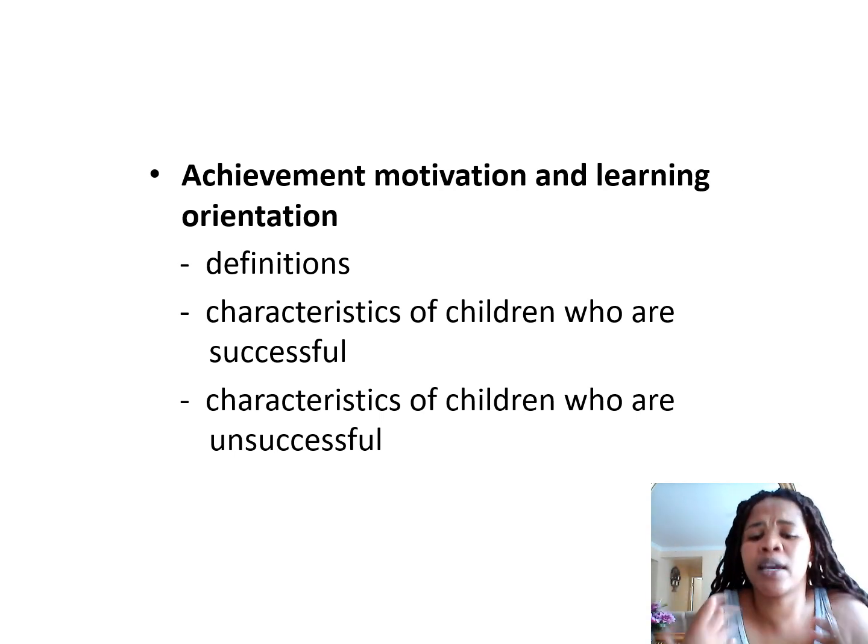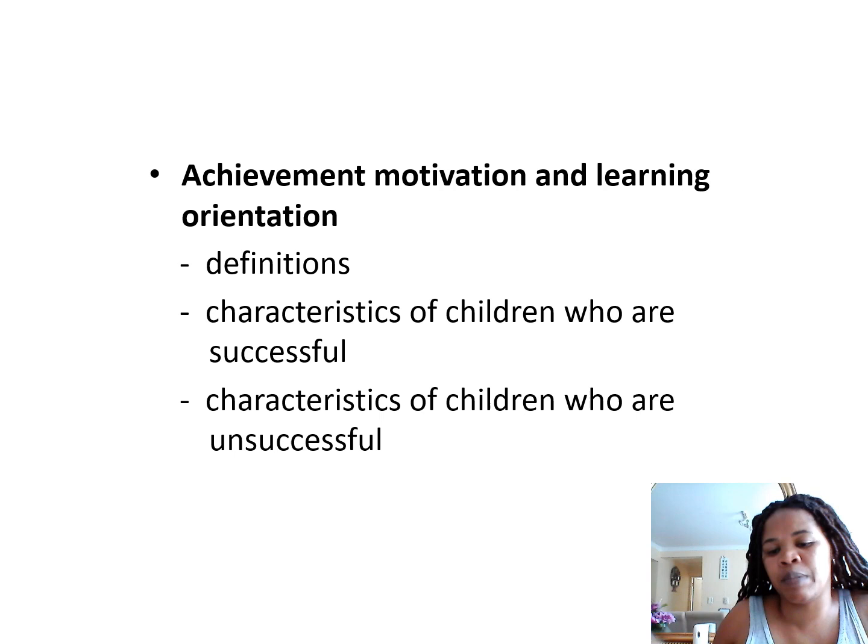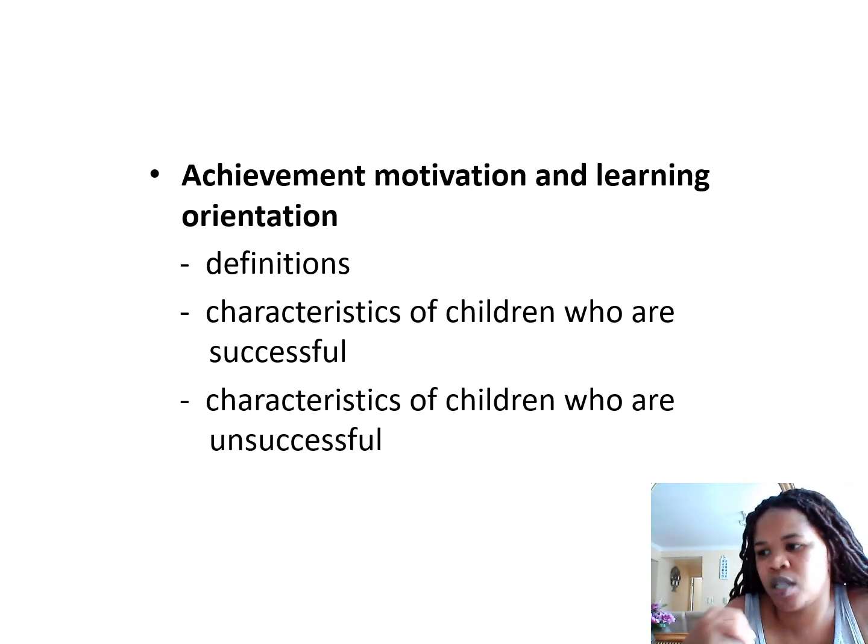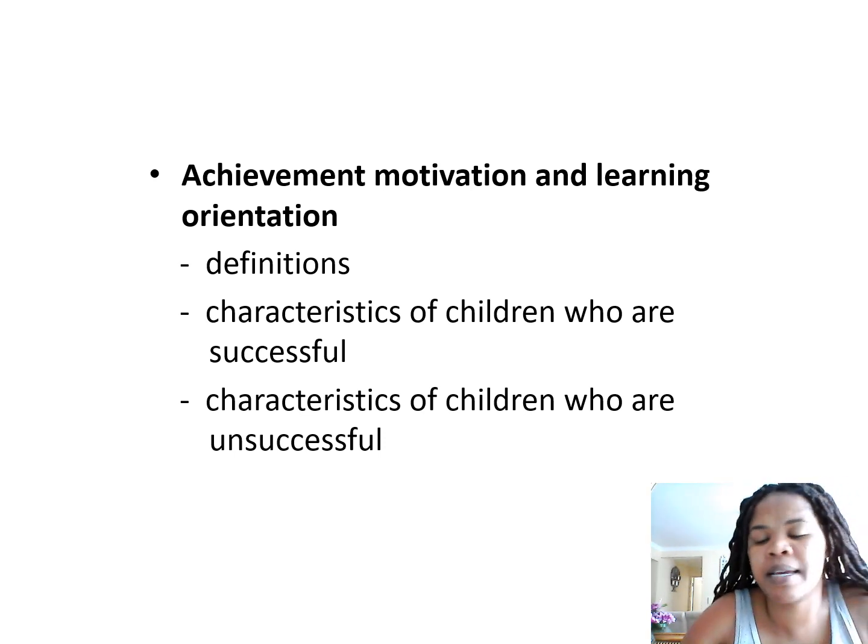They will ask, can you please help me, mama? Can you please help me, teacher? How do I do this? Because they understand that when they get help, they are going to gain knowledge on how to do things. But the children with the helpless orientation shy away from asking for help, because to them, it's a confirmation that they do not have the ability to do the task. I hope it makes sense.